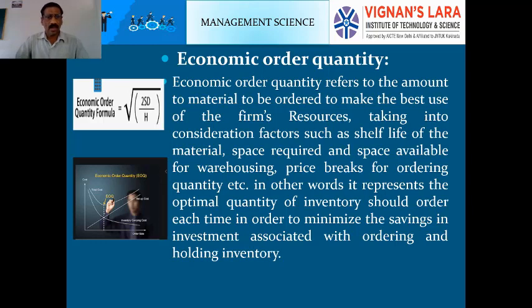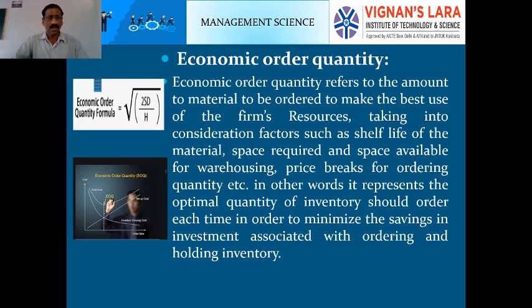So, a reliable needed material to be purchased with the help of a separate technique can be called economic order quantity. Ordering and purchasing material neither more nor less than the needed and reliable quantity is the central concept of economic order quantity.